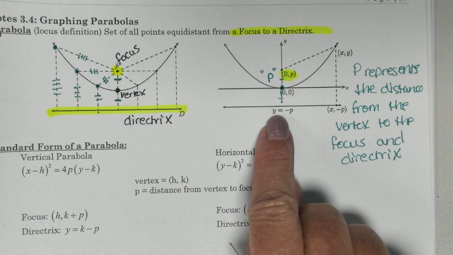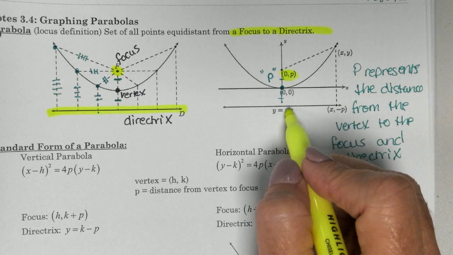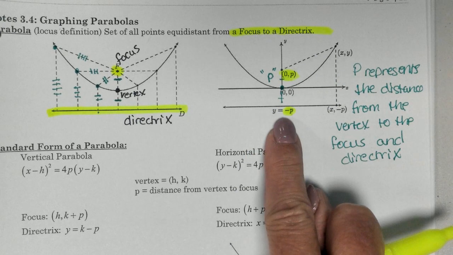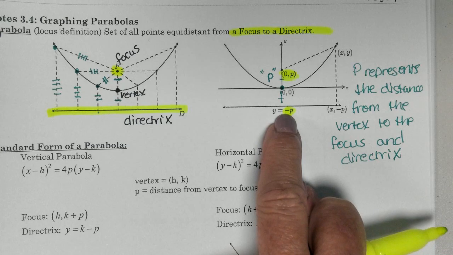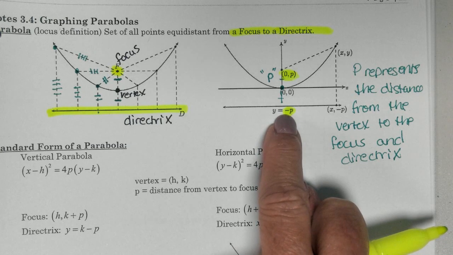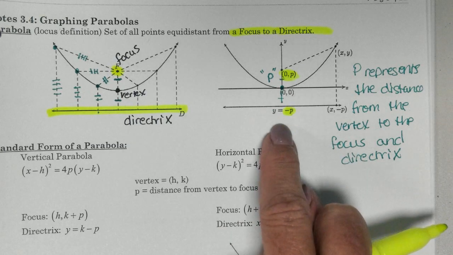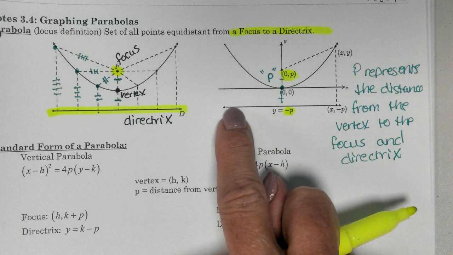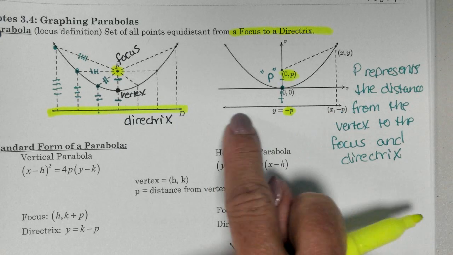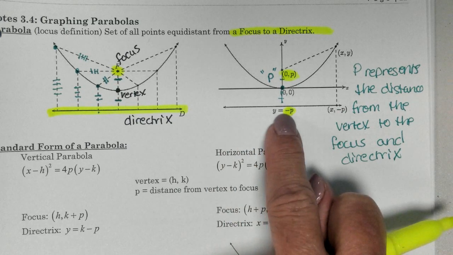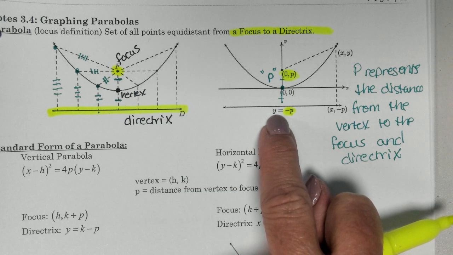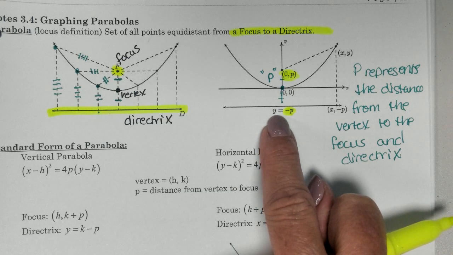And right down here, your directrix is the opposite of P. It's the negative in this case because we moved in a negative direction. And notice that the directrix is a line, and it's horizontal, so it's going to be written in the form of y equals. All right.